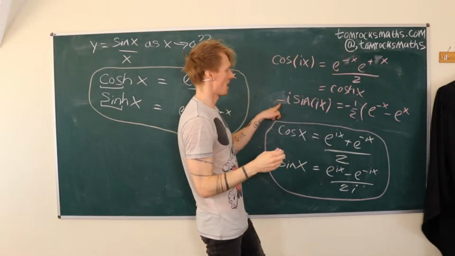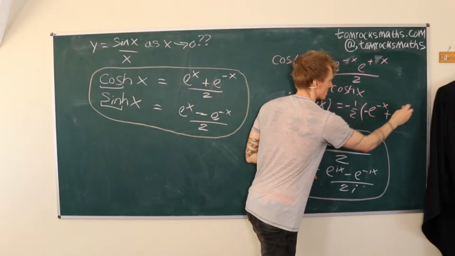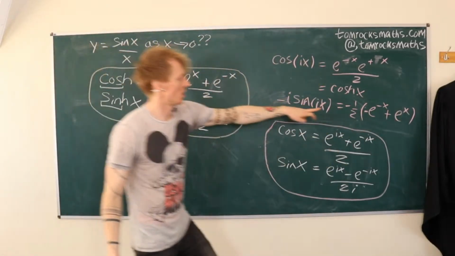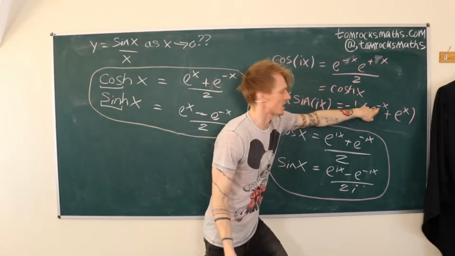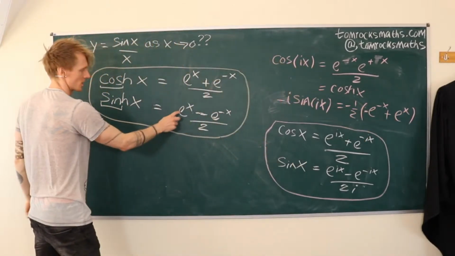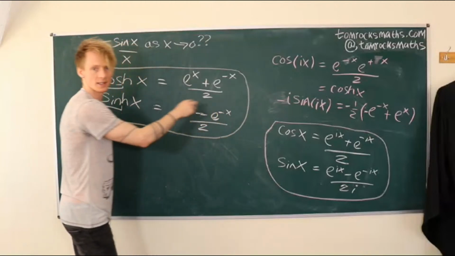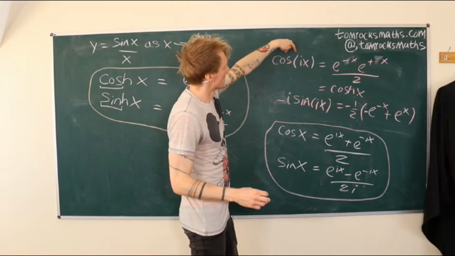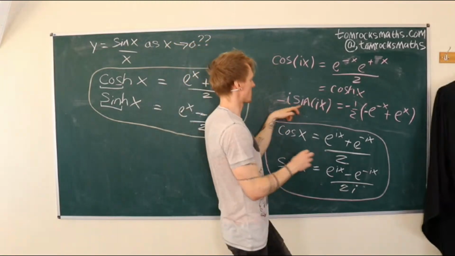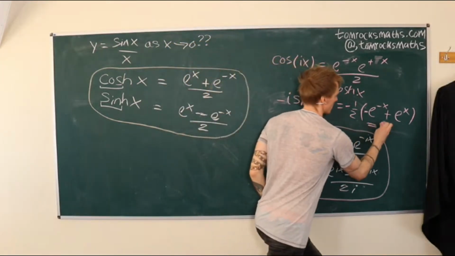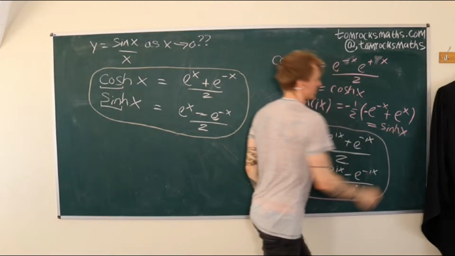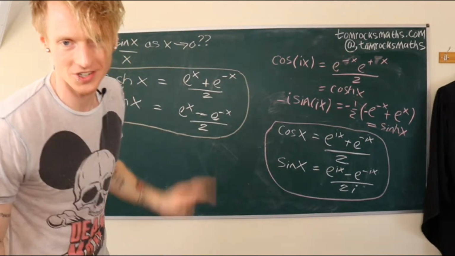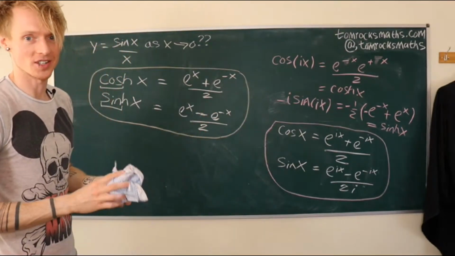And then we also had a minus sign, didn't we? So minus, plus. And that is exactly what sine is equal to. We've got the plus on the e to the x, minus on the e to the minus x. So we get that relationship. So cos of ix is cosh, and minus i sine of ix is sinh. Okay, so that's the answer to VJ's question about hyperbolic functions and their relation to trig functions.